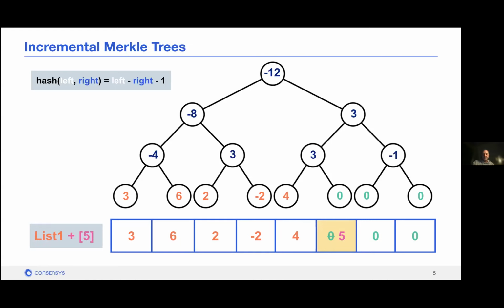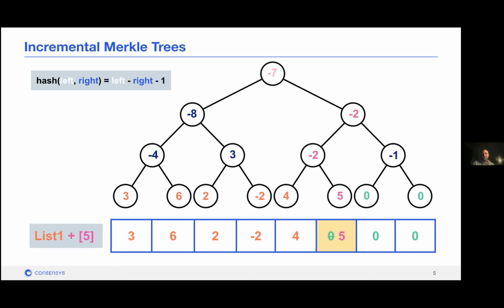So now, what is the incremental Merkle tree problem? It turns out that if you have lists, and that's what's happening in the deposit smart contract, you may append elements to a list. For instance, if I append an element 5 in the 6th position, you'll see that to compute the new root hash, I'll have to modify the computation on the nodes of the tree.